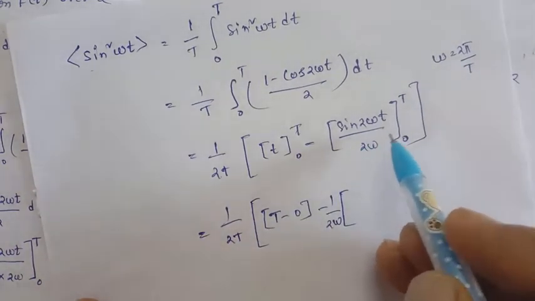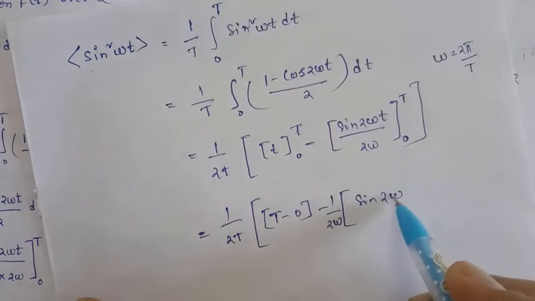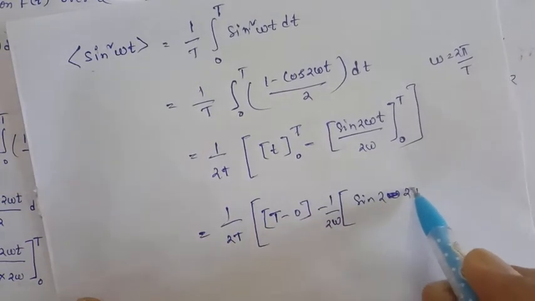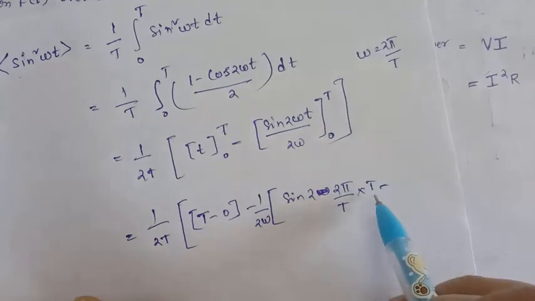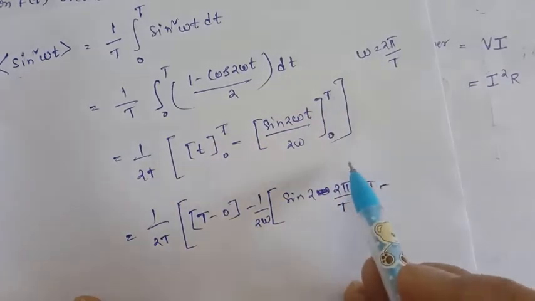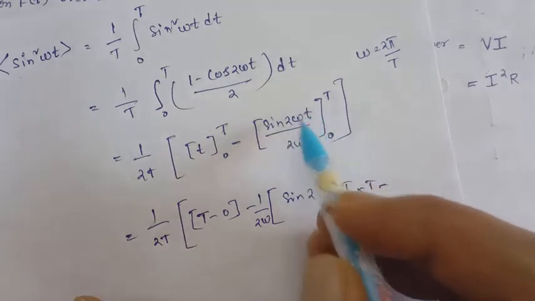Sine 2 omega t, where omega means 2 pi by T, into capital T for the upper limit of small t, and for the lower limit of sine 2 omega t it is 0. Then the sine total is 0.